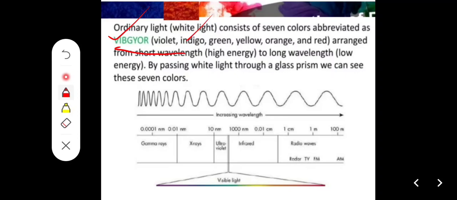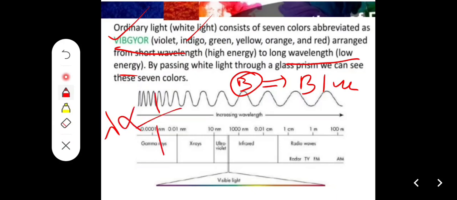It is arranged from short wavelength, that is high energy, to long wavelength, that is low energy, as lambda is inversely proportional to E. By passing white light through a glass prism, we can see the 7 colors, VIBGYOR. That is the visible light.